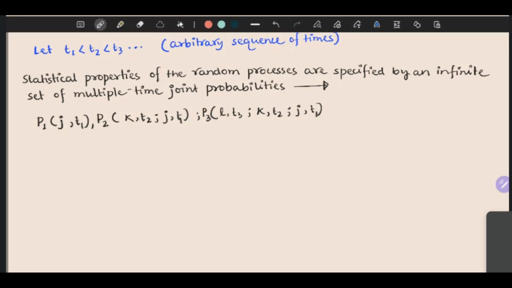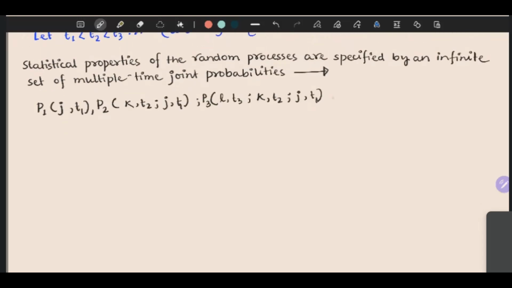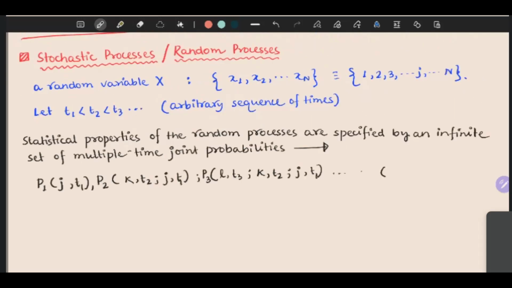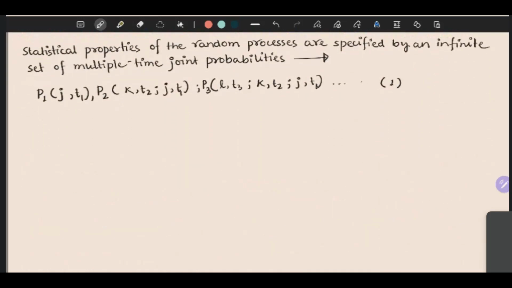These are the n time joint probabilities, starting from J1 T1, then J2 T2, then J3 T3 and so on. This is equation 1, an n time conditional probability.